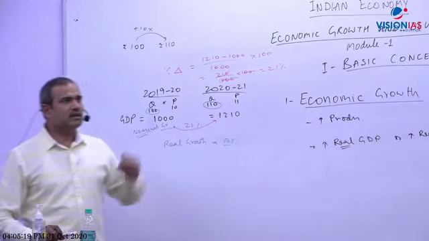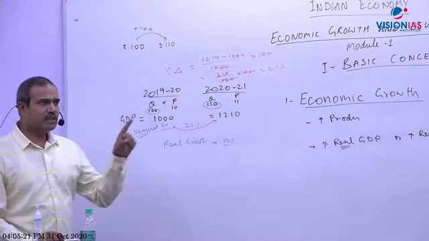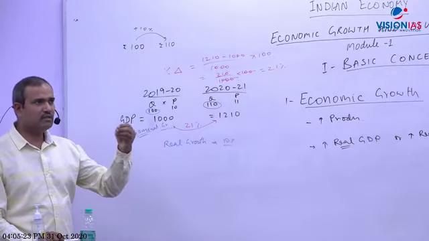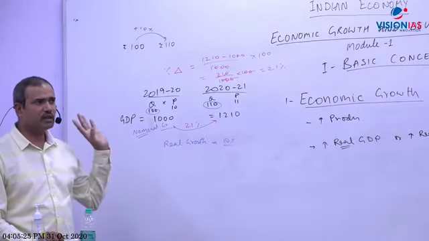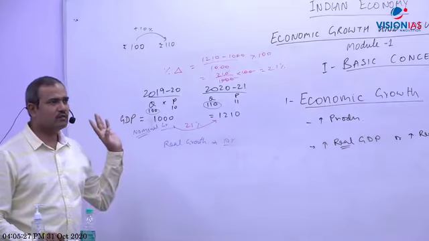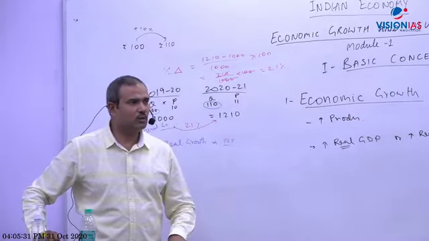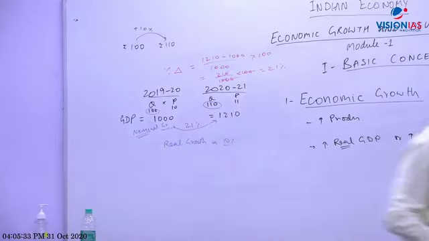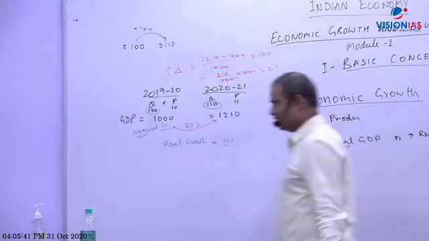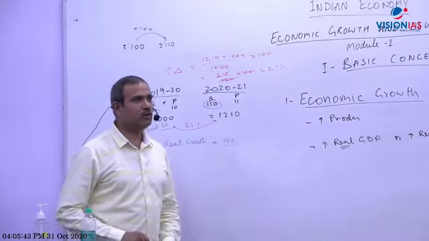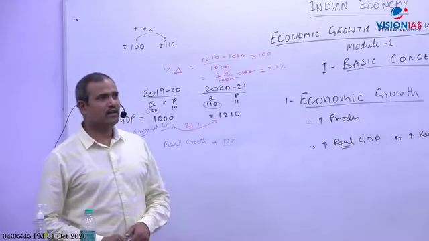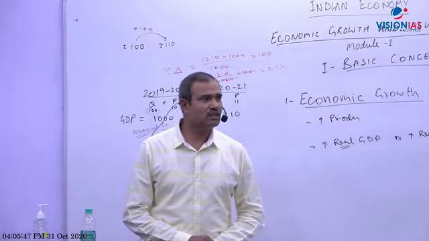Reena Selvraj, you have given 10%, correct answer. Aditya Jadhav 10%, Nikhil 10%, you are correct. Tushar, you have written a very long answer: 10 more products is real growth, 21 is actual growth.